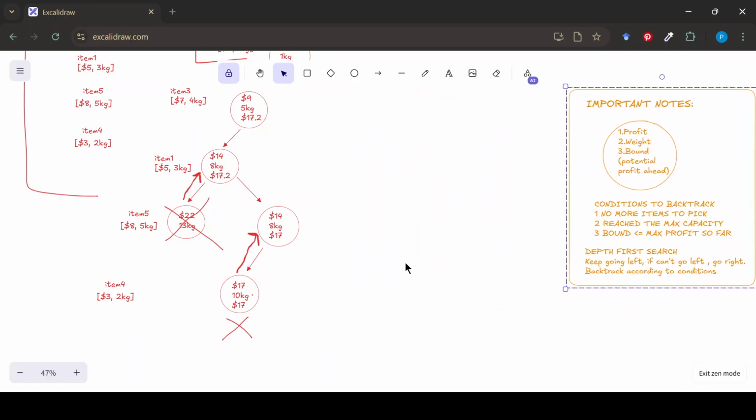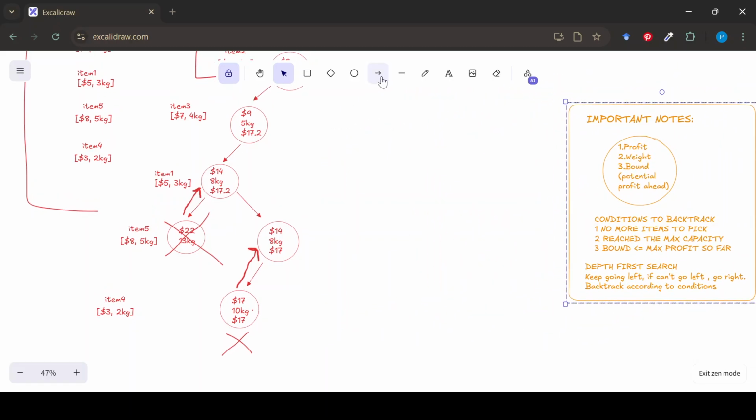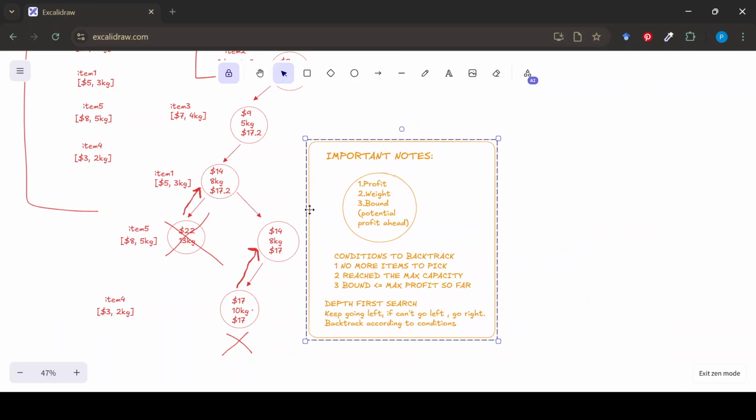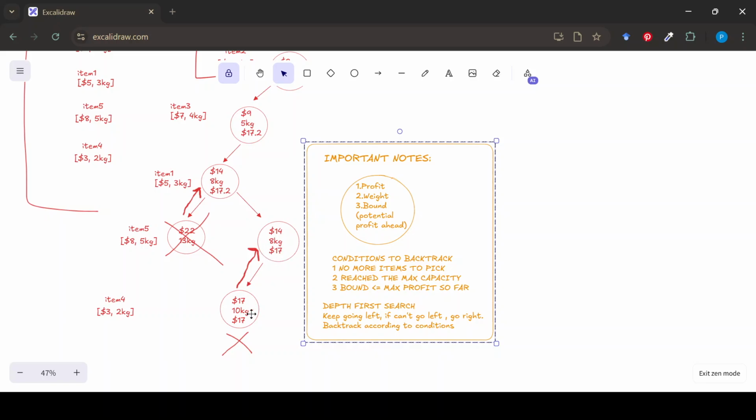Since we have backtracked, let's check the condition for this node here again. Our new maximum profit is 17, and the bound here is saying 17 as well. So the bound and the profit are the same, and our third condition is satisfied again.